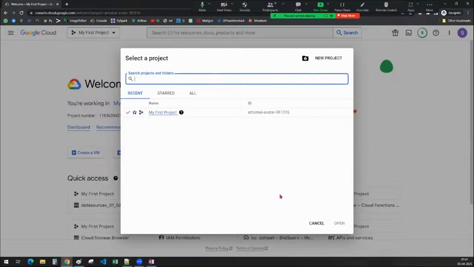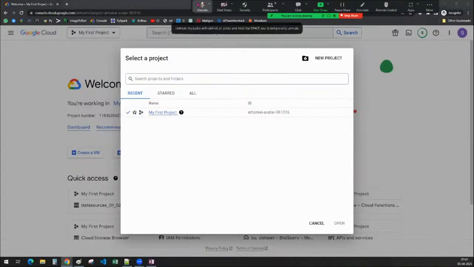And one more thing, you have to enable the billing, otherwise you will be unable to work with the GCP services. And while you are working with any of the services, there will be an API, you have to enable the API. All these things are linked to a project only, because all the tracking of the billing will be done from the projects. Okay, so this is one thing, guys.